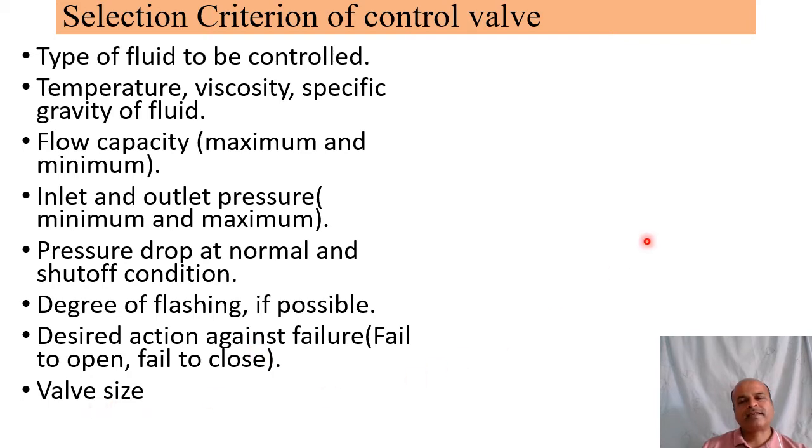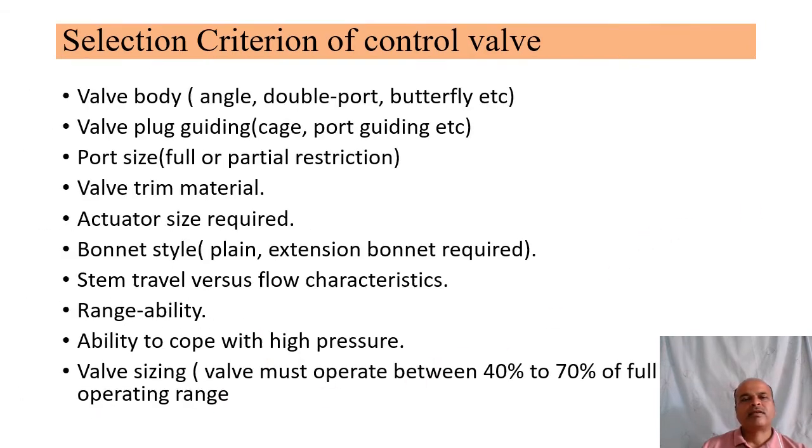Then the next parameter is the valve body, that is angle, double port, butterfly, etc. Then valve plug guiding, that is cage, port guiding, etc. Then port size, full or partial restriction. Then valve trim material, actuator size required, bonnet style, that is plain, extension bonnet required.